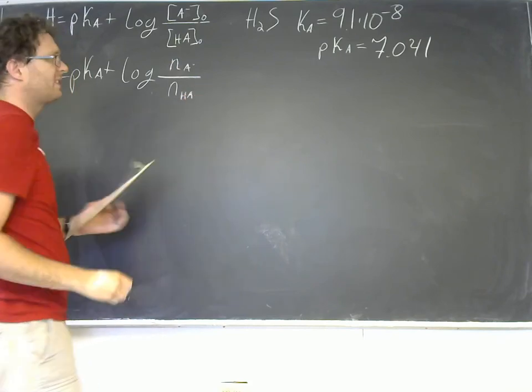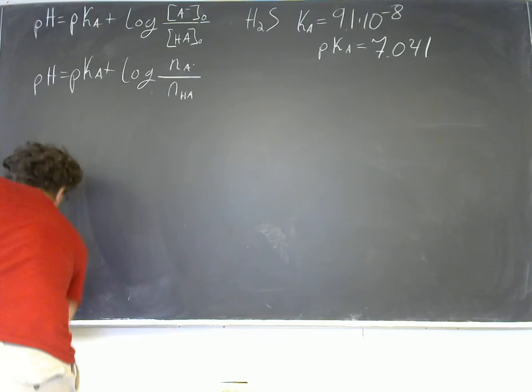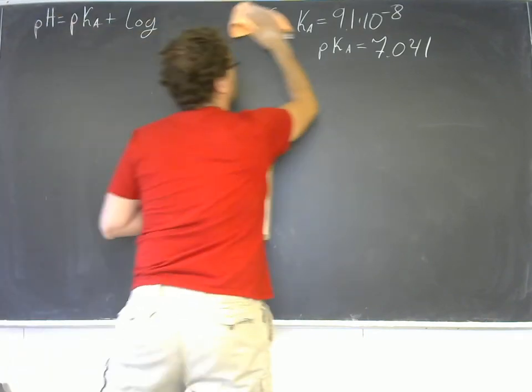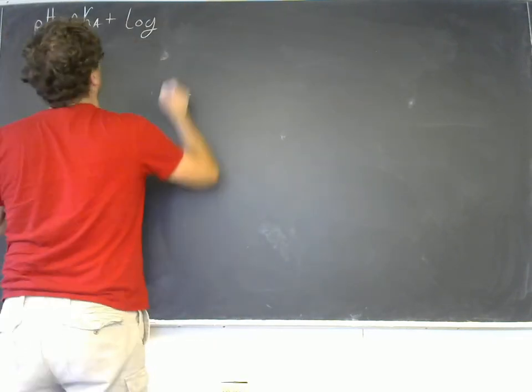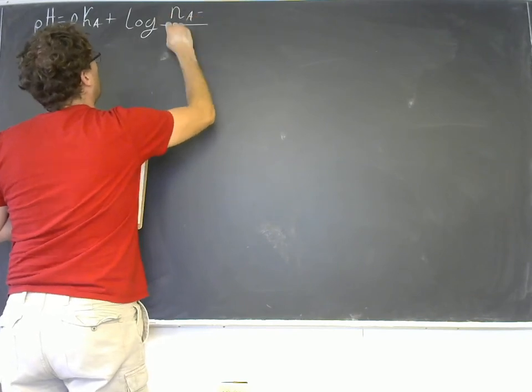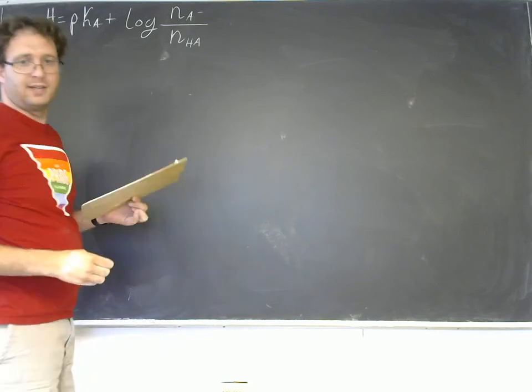Okay, and that's actually the form that will be convenient for this next problem. So just keep that in mind. I'll change it up here so that we have that to reference. That would be n, the number of moles of A minus, over n, the number of moles of HA.